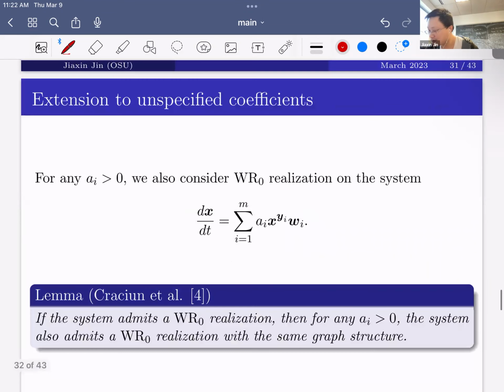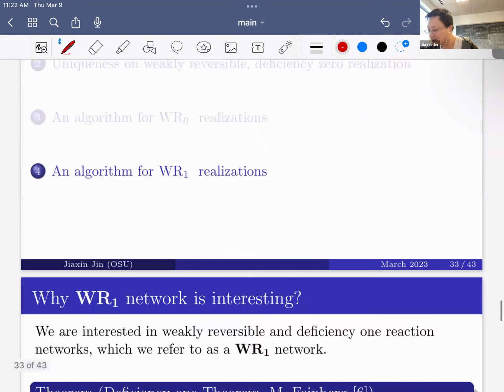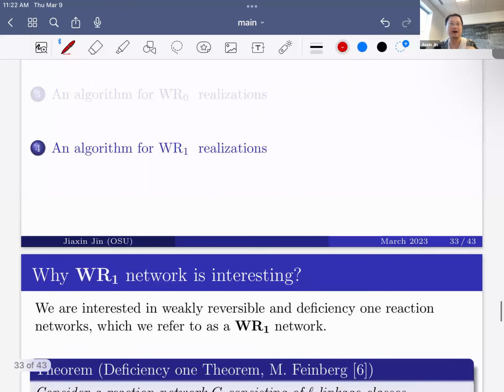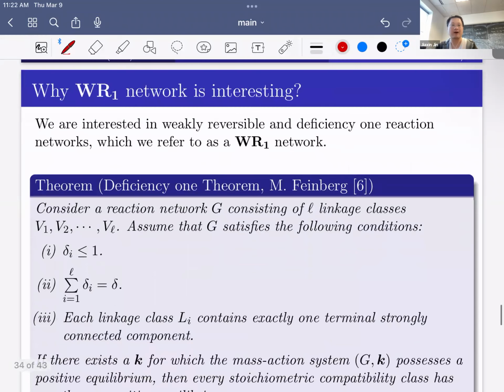Let me very quickly go through how to find an algorithm for WR1 relations. So first, why WR1 networks? It is interesting. It is the weakly reversible and deficiency 1 relations. And again, from Feinberg, we have the famous deficiency 1 theorem.